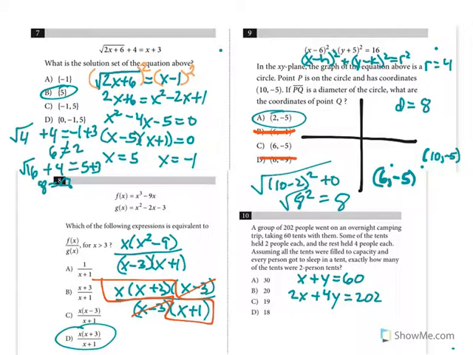And we want to know how many of the tents were two-person tents, so we want to solve for x. X is what we want to solve for, which means we want to eliminate y. So let's go ahead and multiply this first equation by 4 and put that product down here.